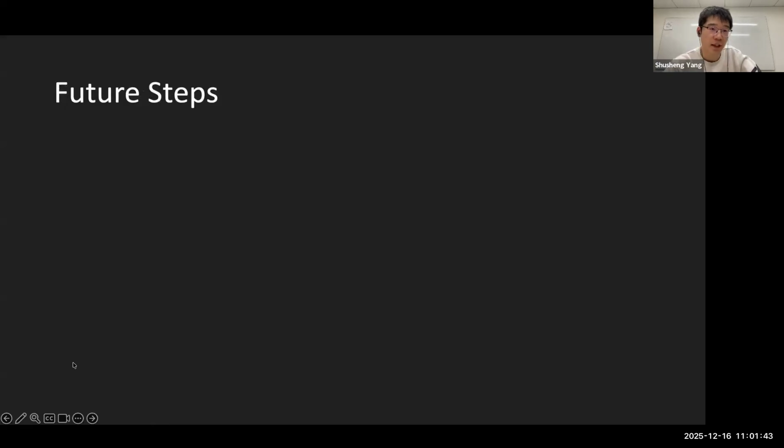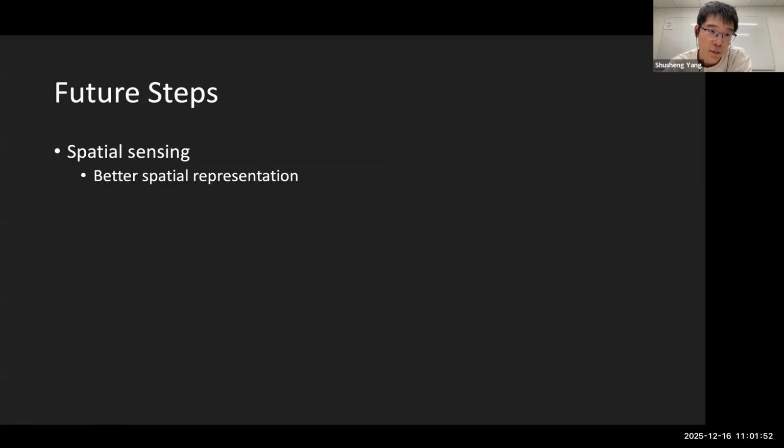And for future steps, I will talk about 2 perspectives. The first perspective is spatial sensing. For spatial sensing, we still observe great limitations of current models. Even our Cambrian-S model can perform well on VSI-Bench, but it doesn't mean it can generalize well to all spatial questions.